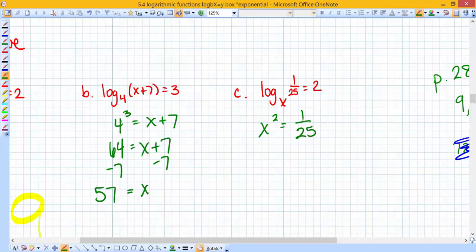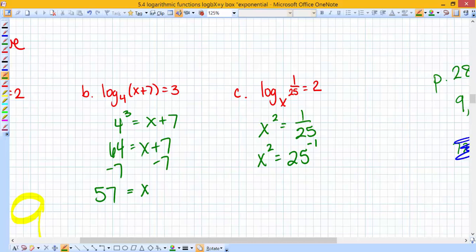Now we need to kind of think about, okay, I have a fraction. It might make things a little bit easier if we go ahead and solve for x by switching that fraction, and that's fine. x squared would equal 25 to the negative 1.